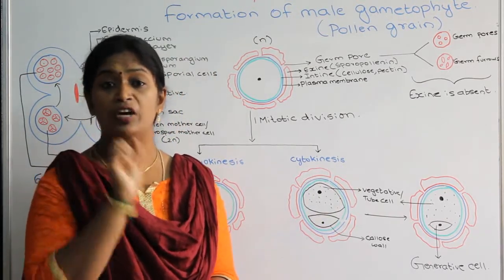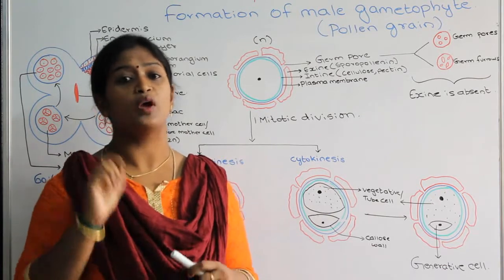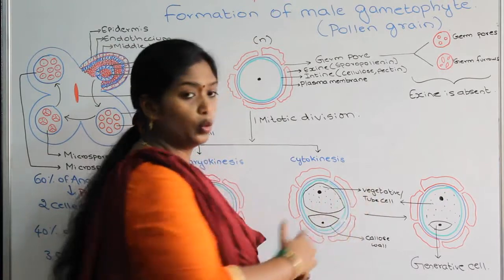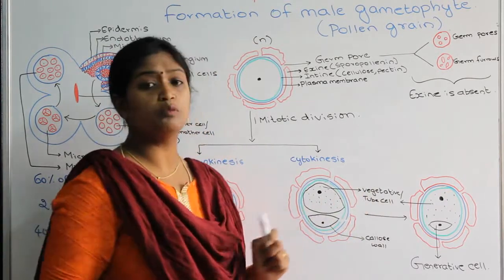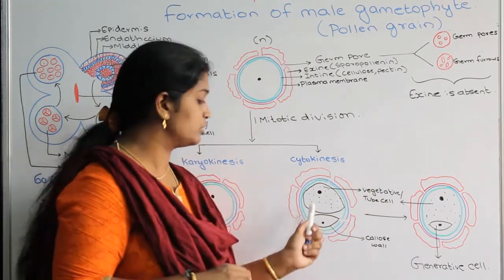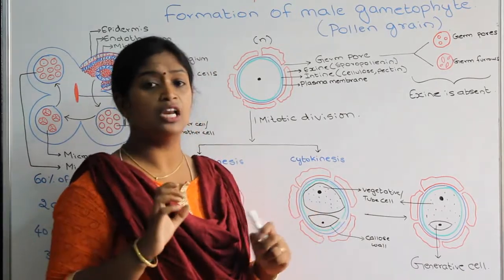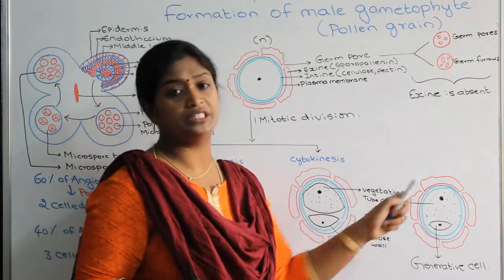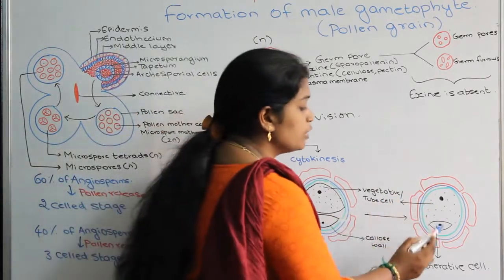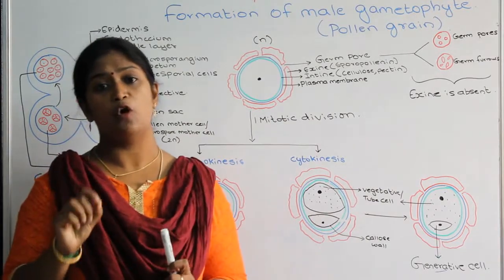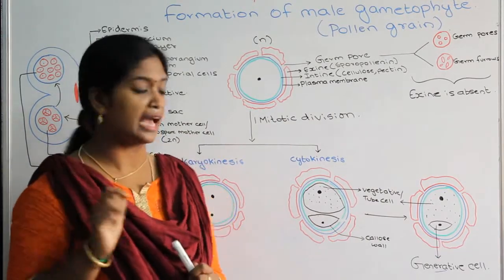Germ pores play a very important role in making the way for the pollen tube. Okay. As the cell grows, the smaller cell which is thus formed consists of a callose wall. This smaller cell floats in the larger vegetative cell. Now this small cell is called the generative cell, and this cell is capable of producing the male gametes.